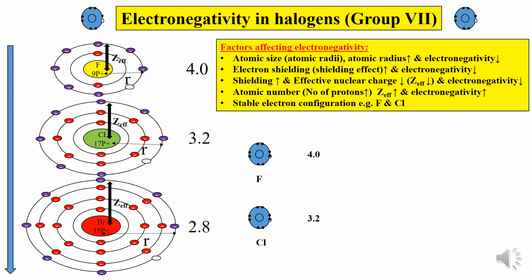So the attracting ability is more in case of fluorine atom as compared to chlorine atom because of these factors: atomic size, nuclear charge, effective nuclear charge, shielding effect, and stable electron configuration. And that is why fluorine is the most electronegative element in the periodic table, and it has a stable electronic configuration. So if it gains 1 electron, it attains the stable electronic configuration.